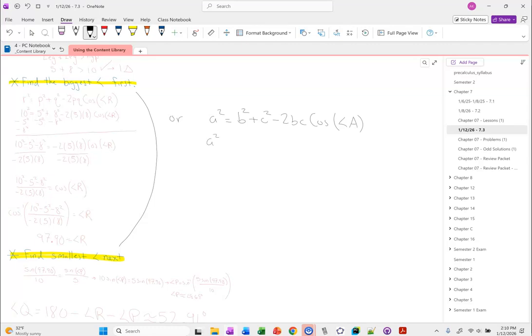We subtracted the b squared and c squared over. You don't have to write any of this down until I get to the formula. The formula is really the reason why we're doing this. Then we divided by the 2bc, or negative 2bc. And then we're going to do cosine inverse of both sides.